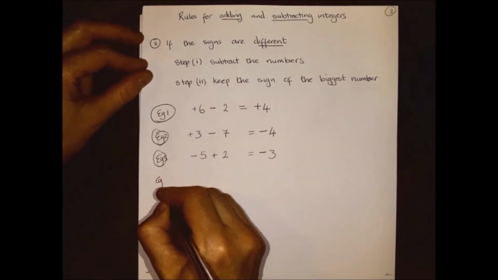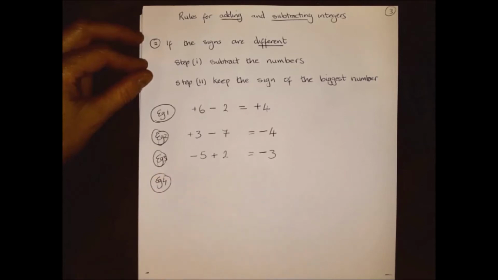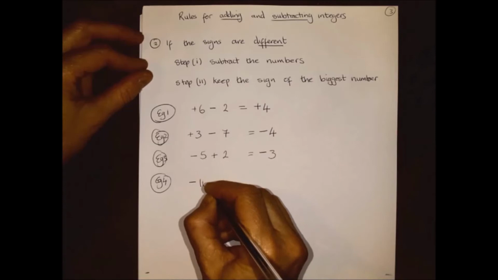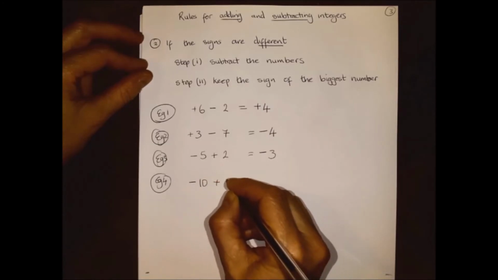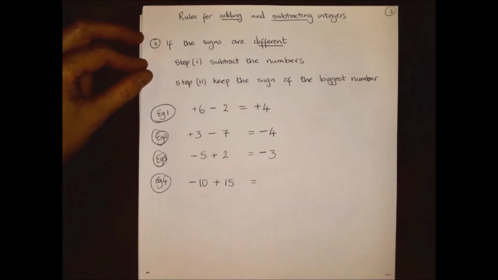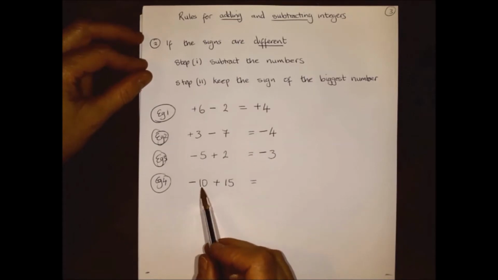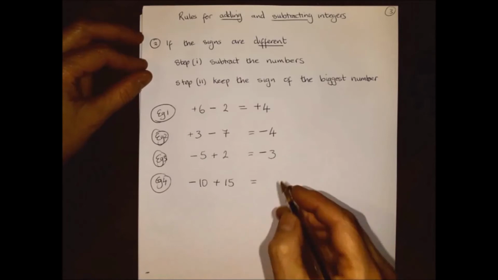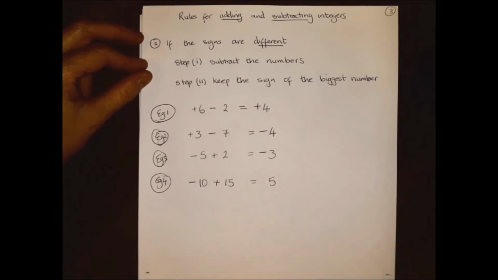Another example, example 4. Let's see, -10 plus 15. Different signs, so we subtract them. 15 minus 10 is 5. The difference between 15 and 10 is 5. And we choose the biggest number.